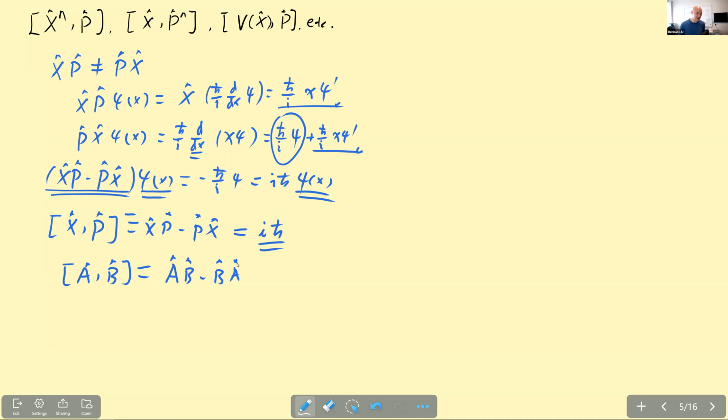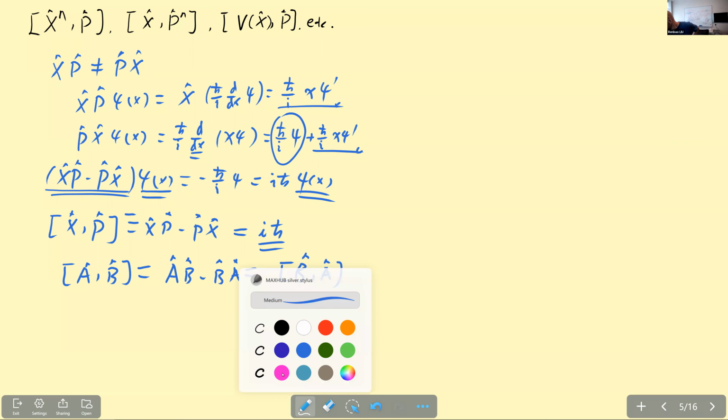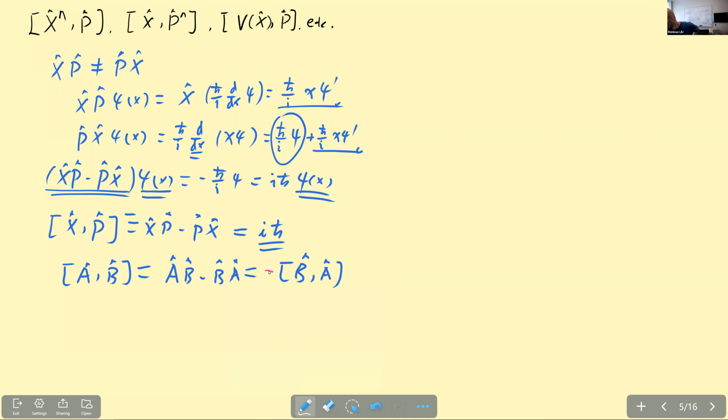And actually, this is the most important algebra in quantum mechanics. The commutator between A and B is not equal to the commutator between B and A. So if we change the order, there's a minus sign right here. You need to be careful with this.